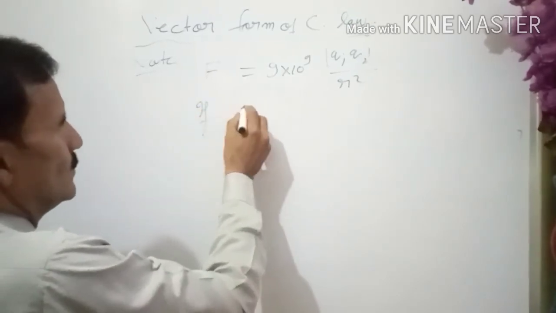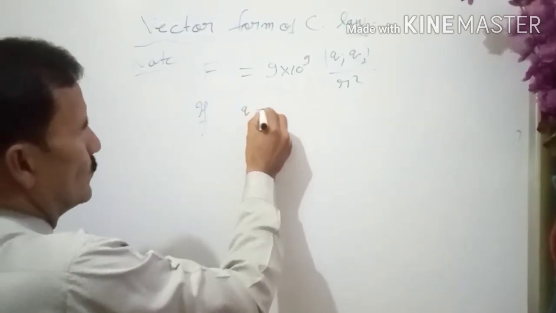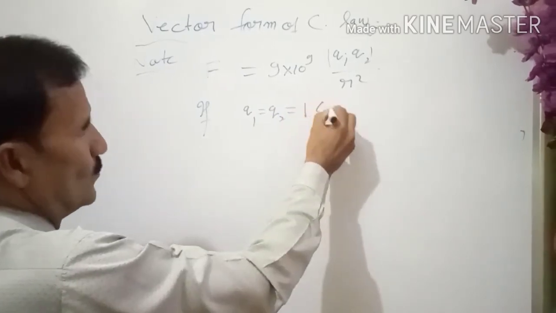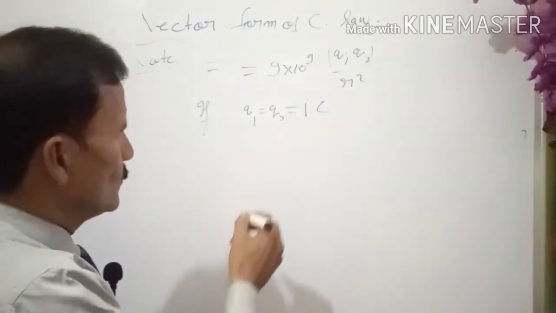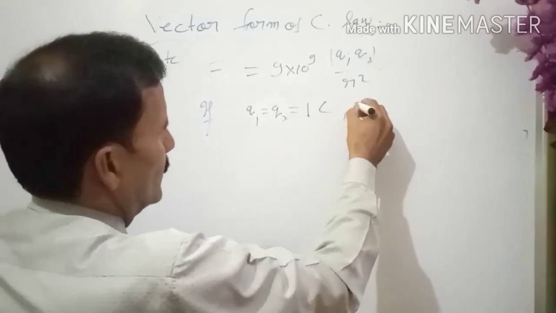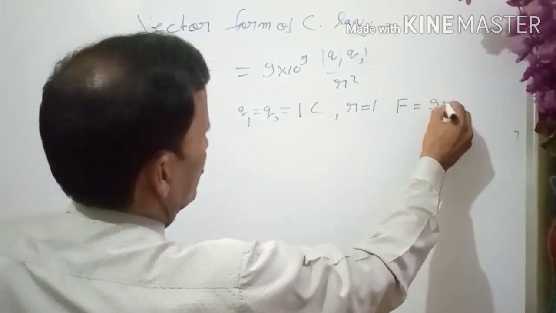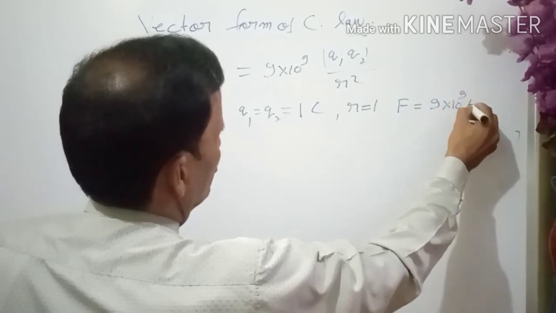If we take Q1 equal to Q2 equal to 1 Coulomb, and r is 1, then F will become 9 into 10 raised to the power 9 Newton.